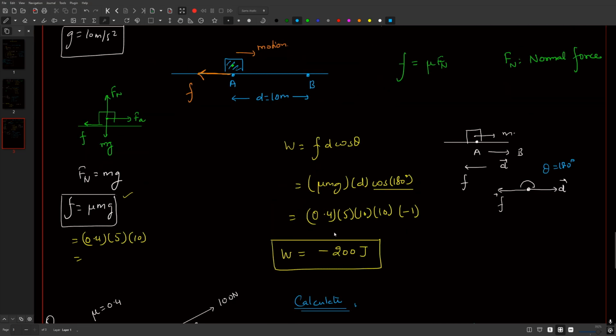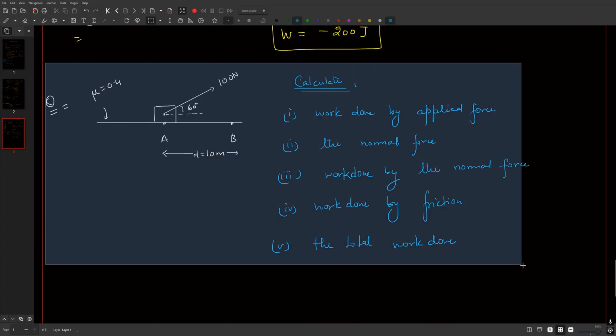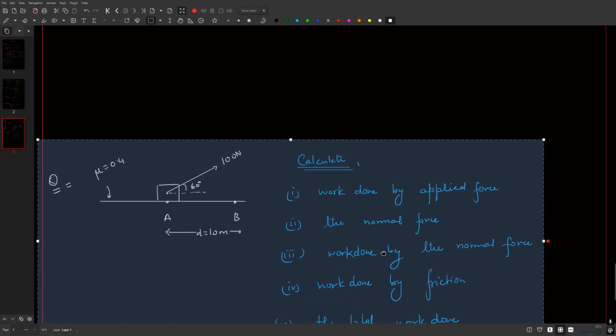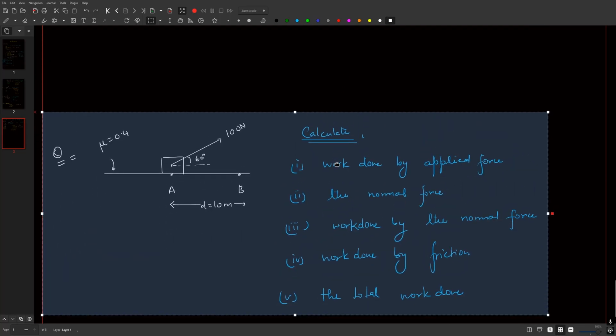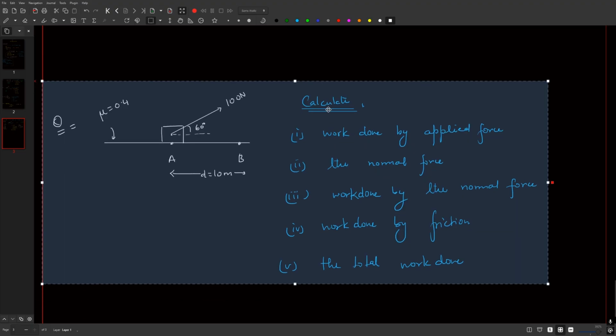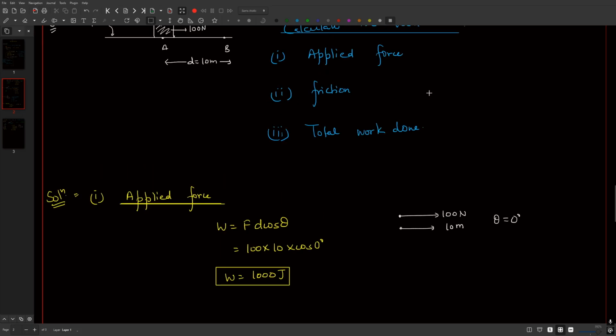By the way, I think I forgot to calculate the total work done in the last example. Let's drag this down here. Yeah, the total work done.